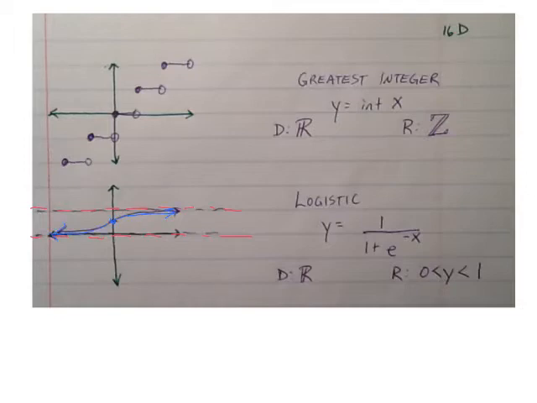This is great for modeling population growth in a confined setting, such as fish in a lake. You can have 0 fish, or you could have 100 fish. You can't go above 100 because there's not enough room for the fish. We won't deal much with this, but we'll come back to it in calculus.